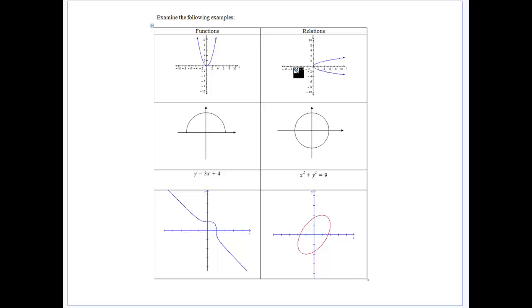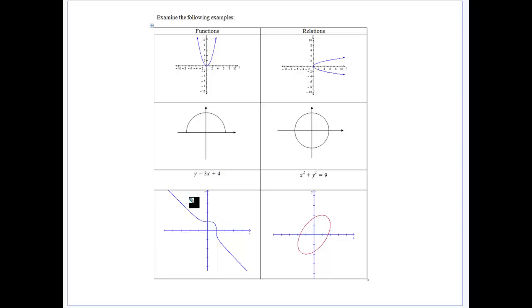This one's got a restriction in our x values, and no restriction on our y values. A semicircle compared to a full circle, which is a relation. Y equals 3x plus 4, as opposed to x squared plus y squared equals 9. So that's a relation, that's a function. There's a relation, that's a function.